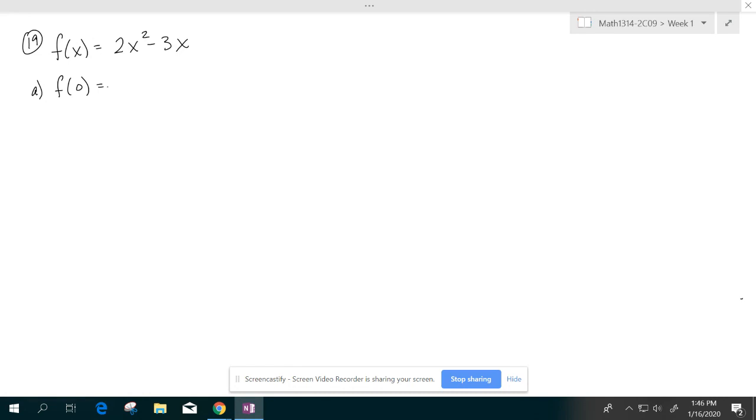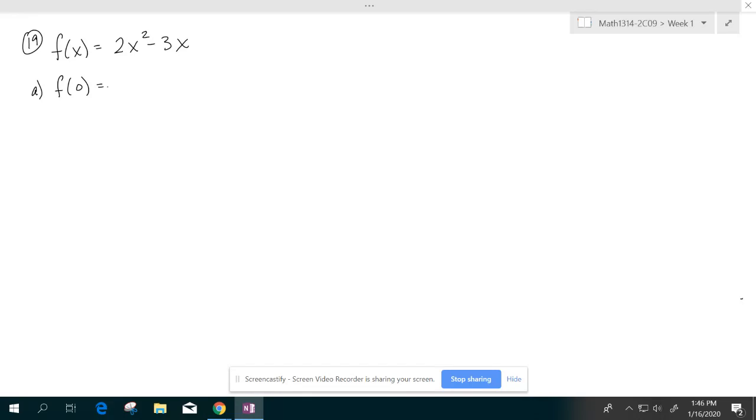And does anybody know what single letter f of x represents? y. Did y'all know that? f of x, when you see it, it means y. So we could say y equals this, and it means the same thing. This is just function notation. So what they're doing for part A is telling me what number to plug in for x.